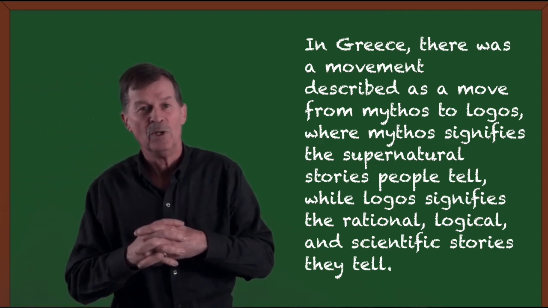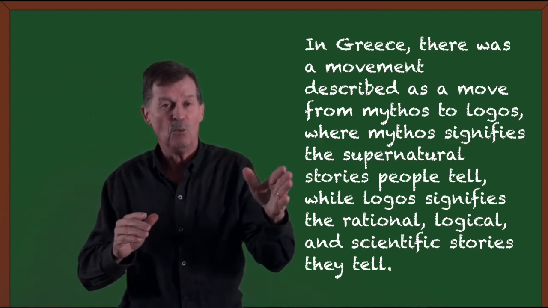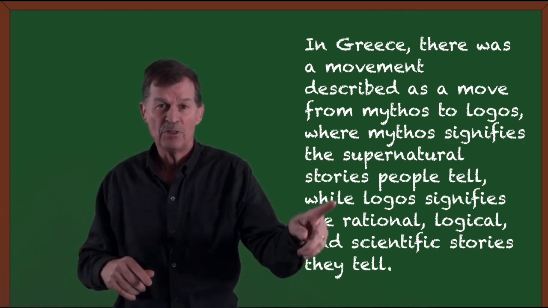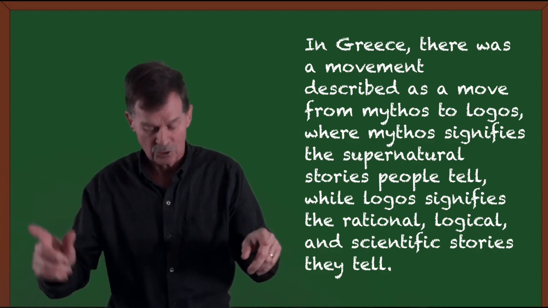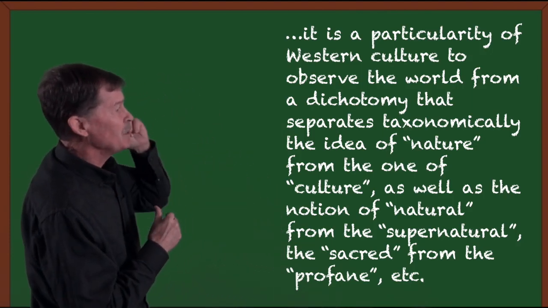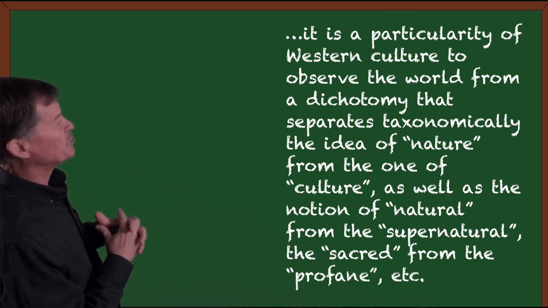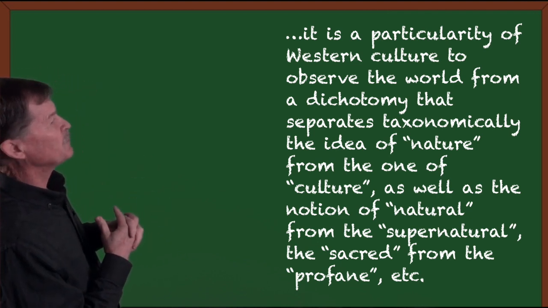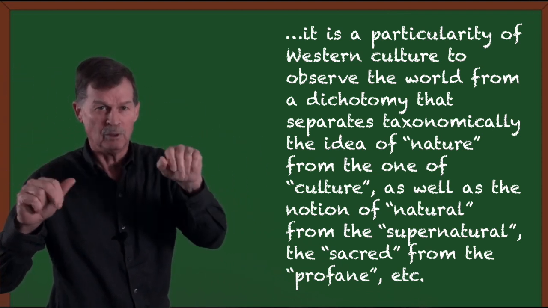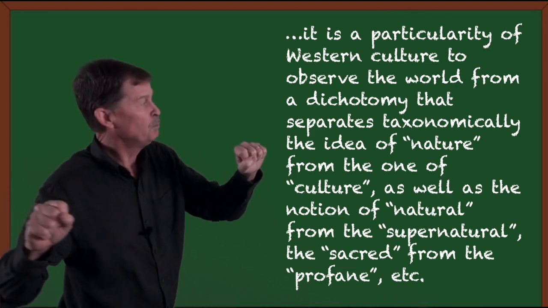Okay, so we have system 1, we have system 2, we have mythos, we have logos. It is a particularity of Western culture to observe the world from a dichotomy. That means from two. Split it into two pieces.